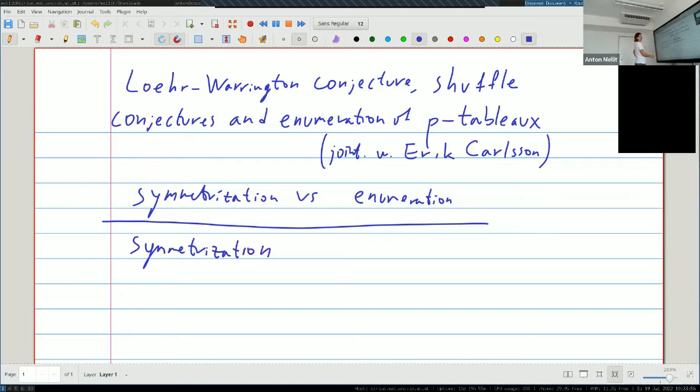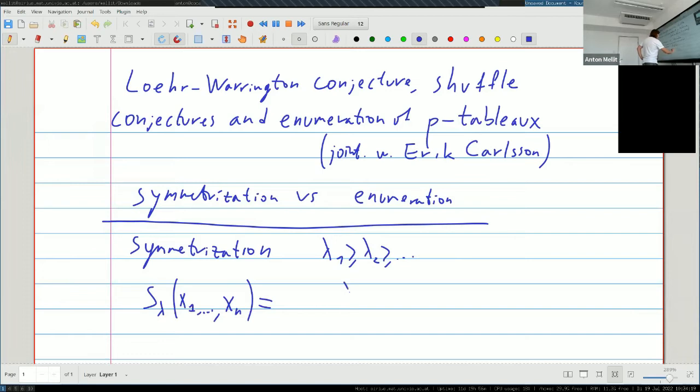So there is a probably well known formula for the Schur function. If lambda is a partition, then the Schur function in variables x1 to xn can be written as follows.